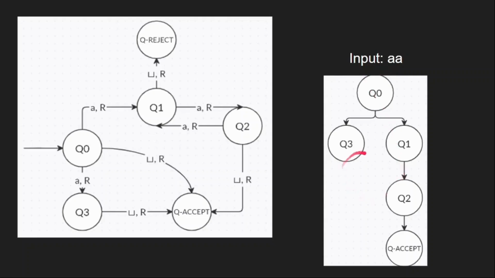Basically our machine is going to search this tree for any accept state. Our instinct might be to search each branch to its end. That would be called a depth first search. The thing is that it doesn't work because one branch might infinitely loop and our machine will be stuck forever. So if this branch infinitely looped, we would just be searching down here and we would never reach this q accept.